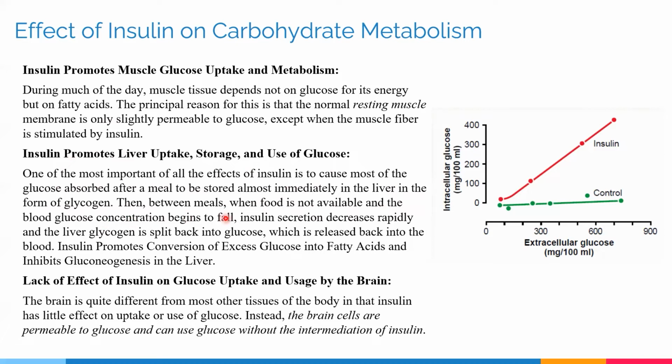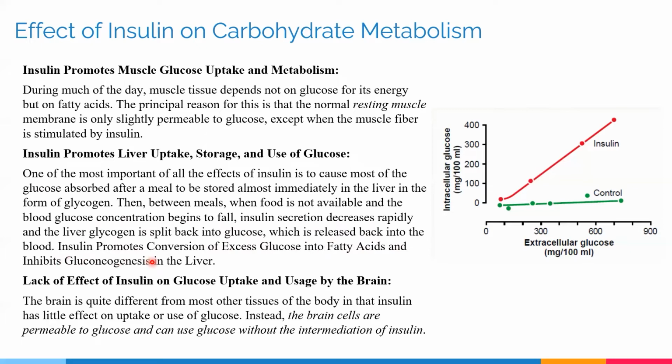Then, between meals, when food is not available, the blood glucose concentration begins to fall. Insulin secretion decreases rapidly, and the liver glycogen is split back into glucose, which is released back into the blood.